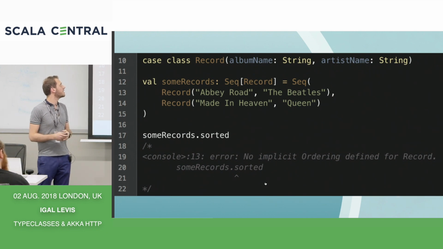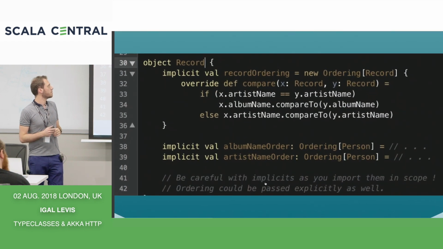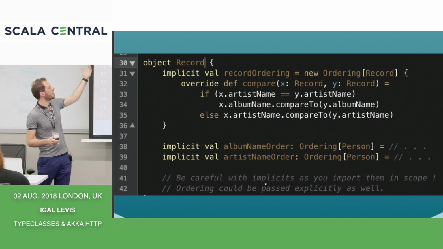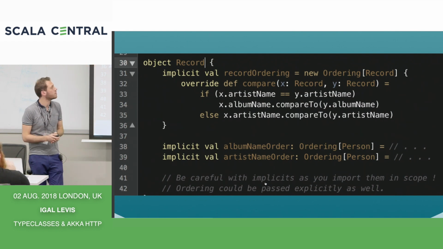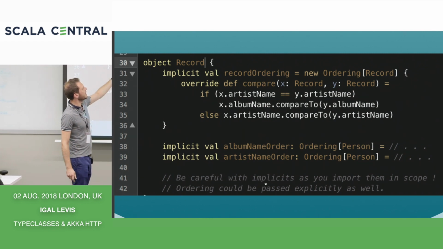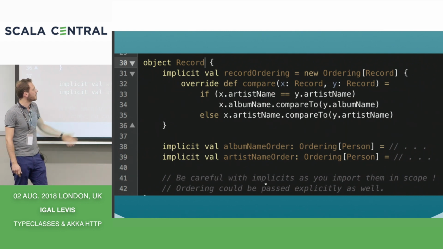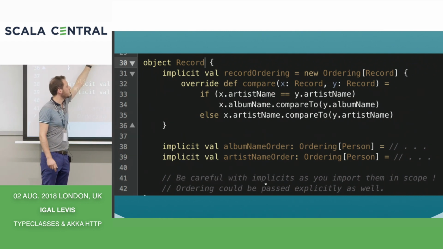So now what we can do is, and this does not necessarily need to sit in the Record object, but for convenience, we'll continue with that. I can say that I want my records to be ordered in a certain way, and this can be changed.